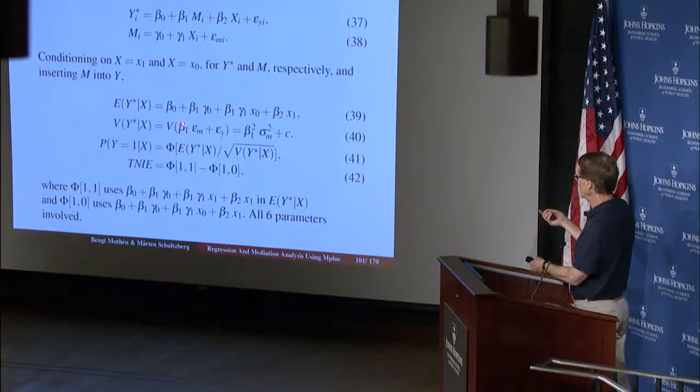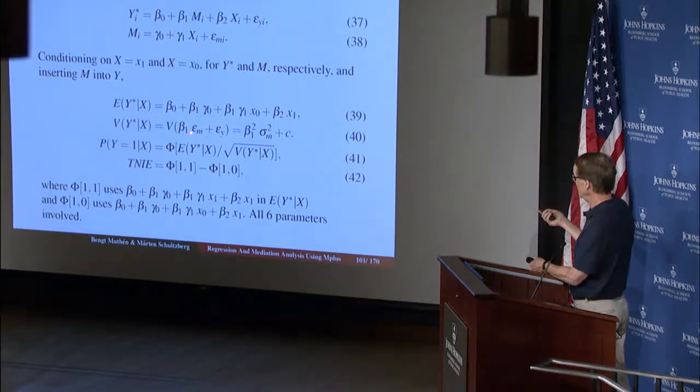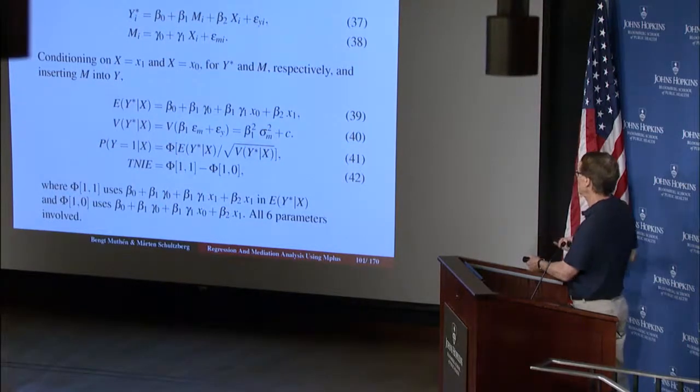So you have the variance of beta 1 times epsilon sub m plus epsilon sub y. The variance of that sum, since those two are independent, we can't identify that correlation, remember, is beta 1 squared times the variance of m plus the variance of this, which I call C.